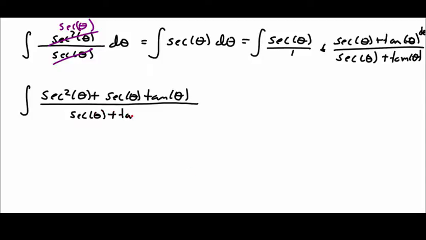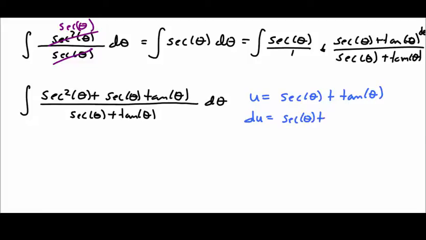Now this actually looks worse, but we'll see with a nice little u substitution it pops right out. So u is equal to secant theta plus tangent theta. The derivative of secant is secant theta tangent theta, and the derivative of tangent is secant squared of theta d theta. And if you notice, that's du.